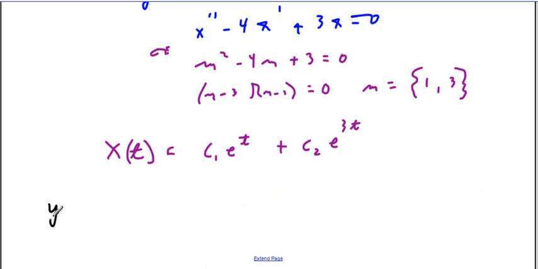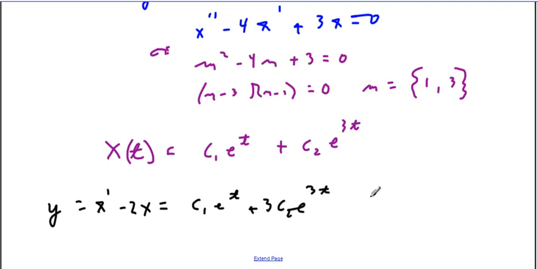So y is equal to x prime minus 2x, and we're going to have c1 e to the t plus 3c2 e to the 3t minus 2 times c1 e to the t plus c2 e to the 3t.